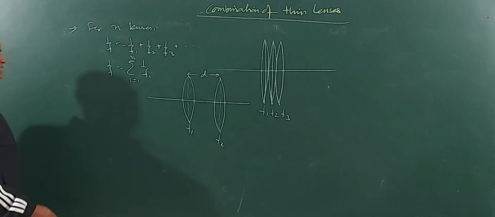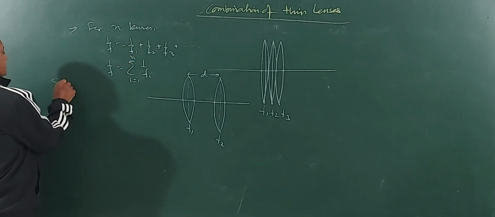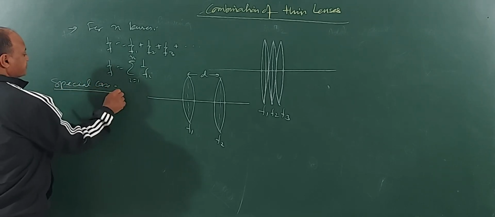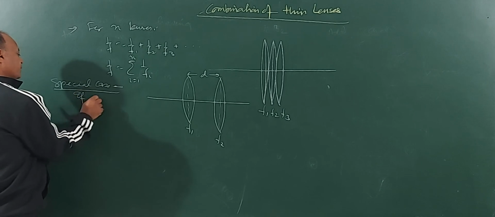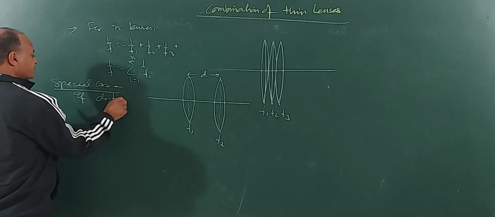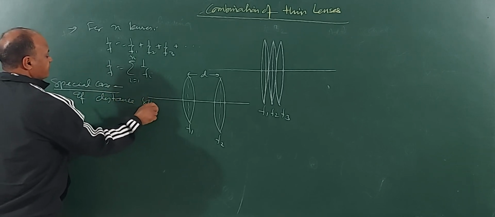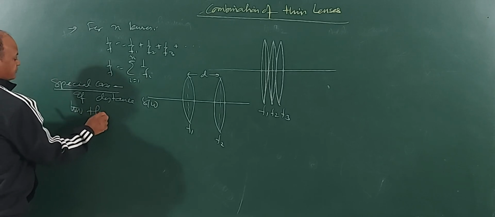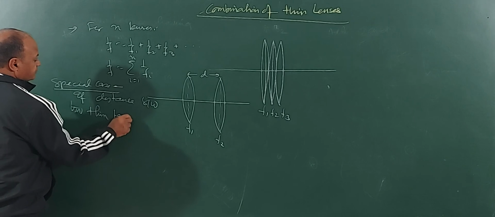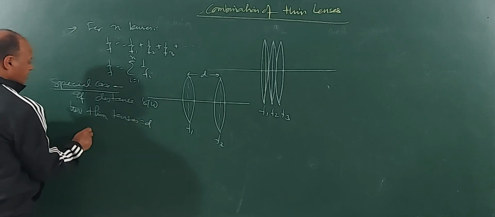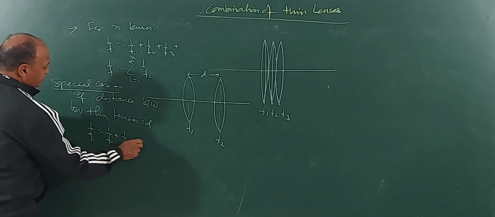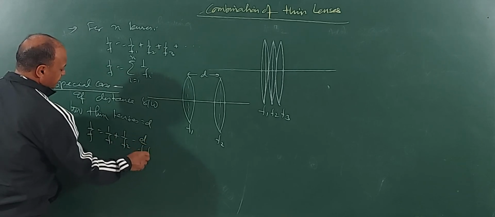So, we have a special case, remember this. If the distance between two thin lenses is equal to D, then 1 by f will be 1 by f1 plus 1 by f2 minus D by f1 f2.